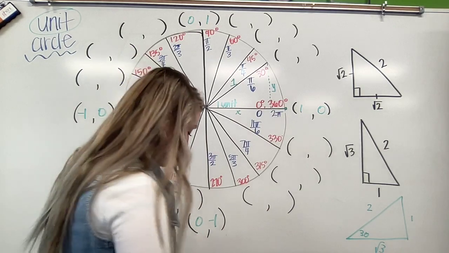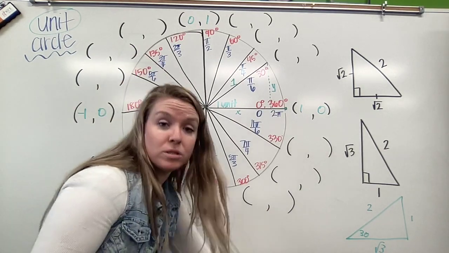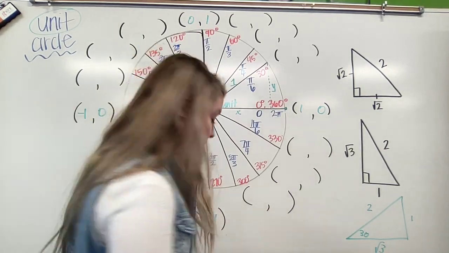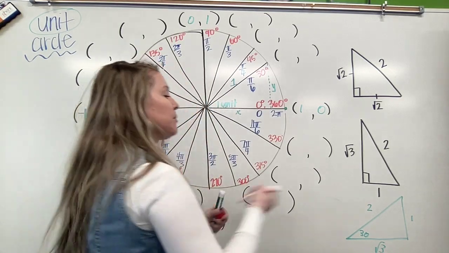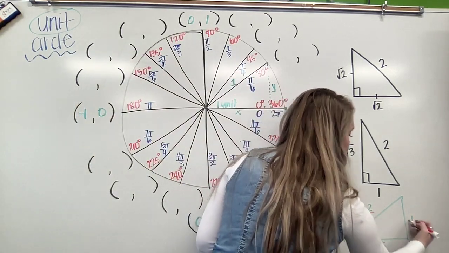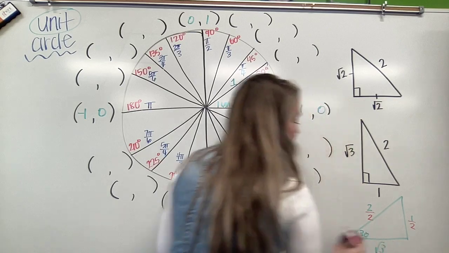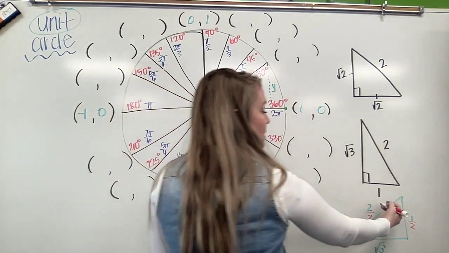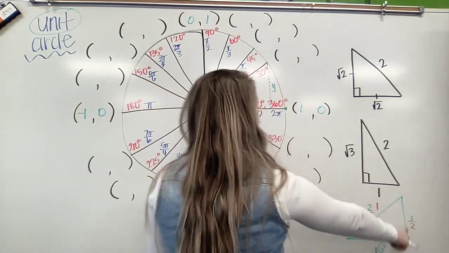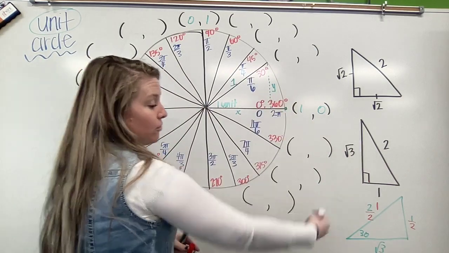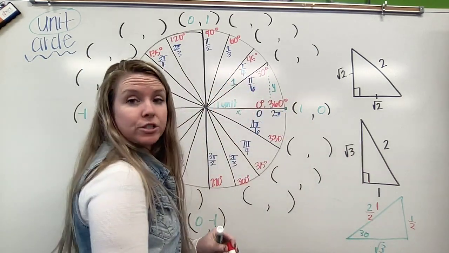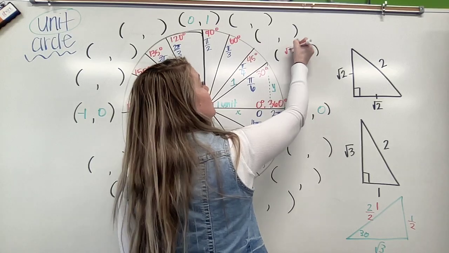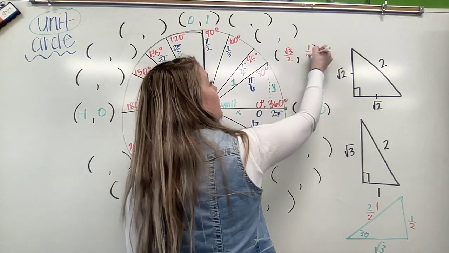But because our hypotenuse, our radius, is 1, I'm going to divide everything by 2. So now I can see that my radius is 1, my y value here is 1/2, and my x value is √3/2. So that's the position of that point.